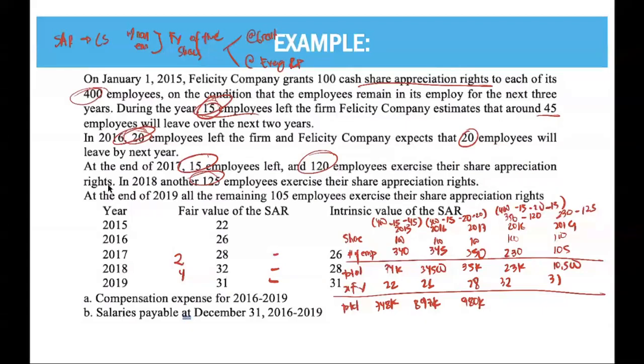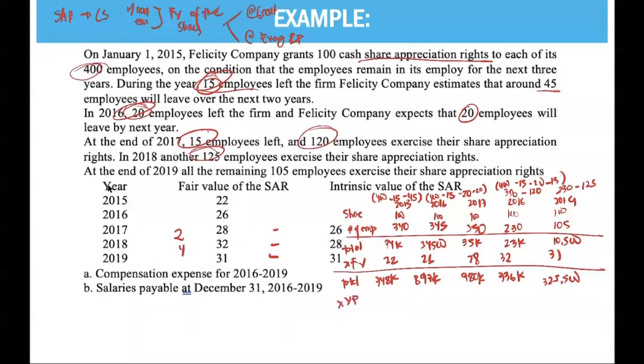And then we have 23,000 times 32, 736,000. Then 10,500 times 31, we have 325,500.